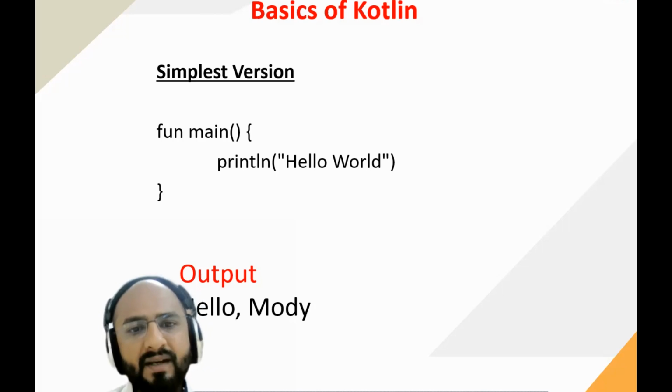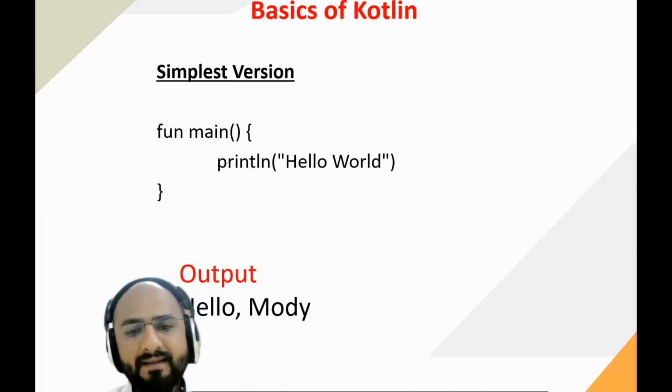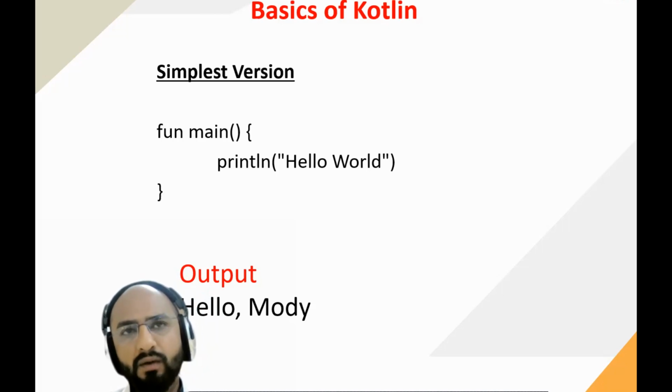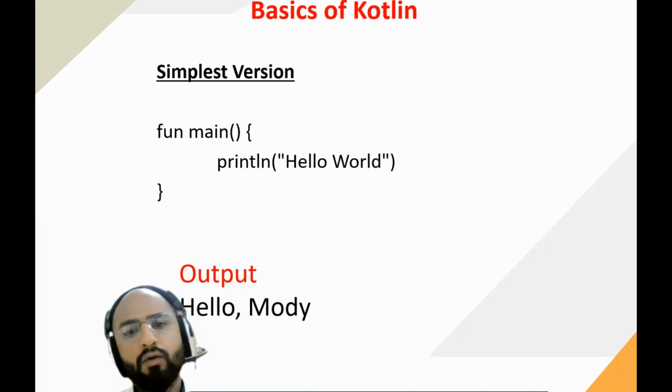So this is just a very basic, simple program. But let's focus on the code. It is the simplest code in Kotlin: function main, round bracket start, round bracket over, curly bracket start, which means the scope of the main function has started.